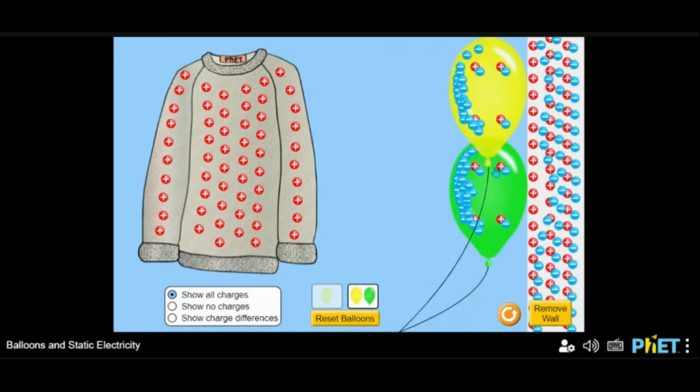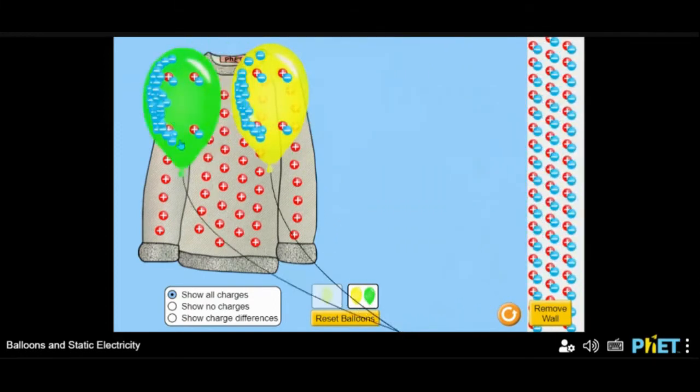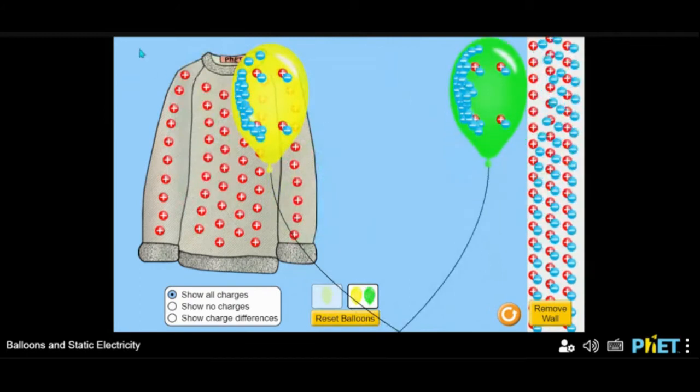The same process is happening, right? Very good. So that is by means of conduction and induction. Any questions? If there are none, then that's great.